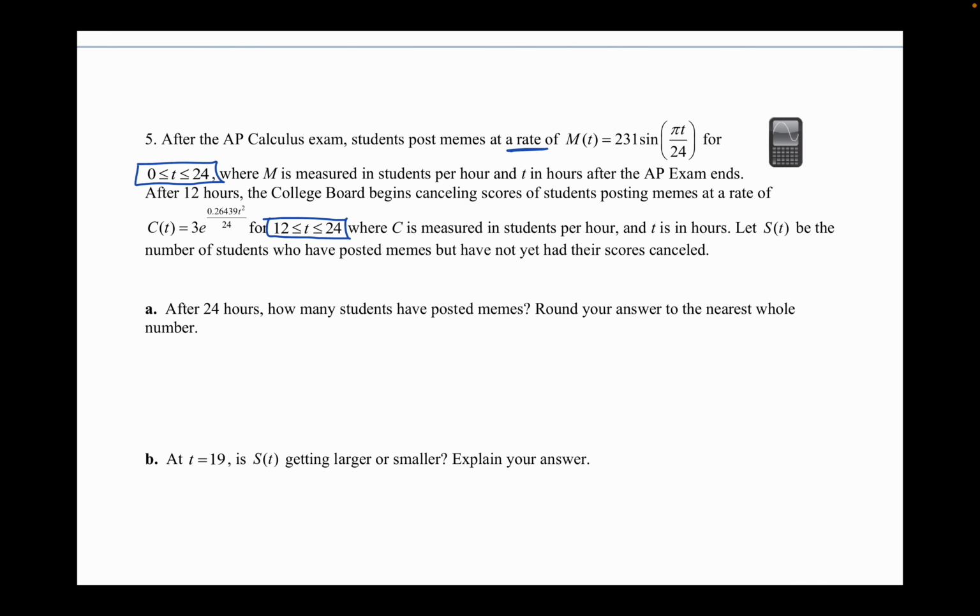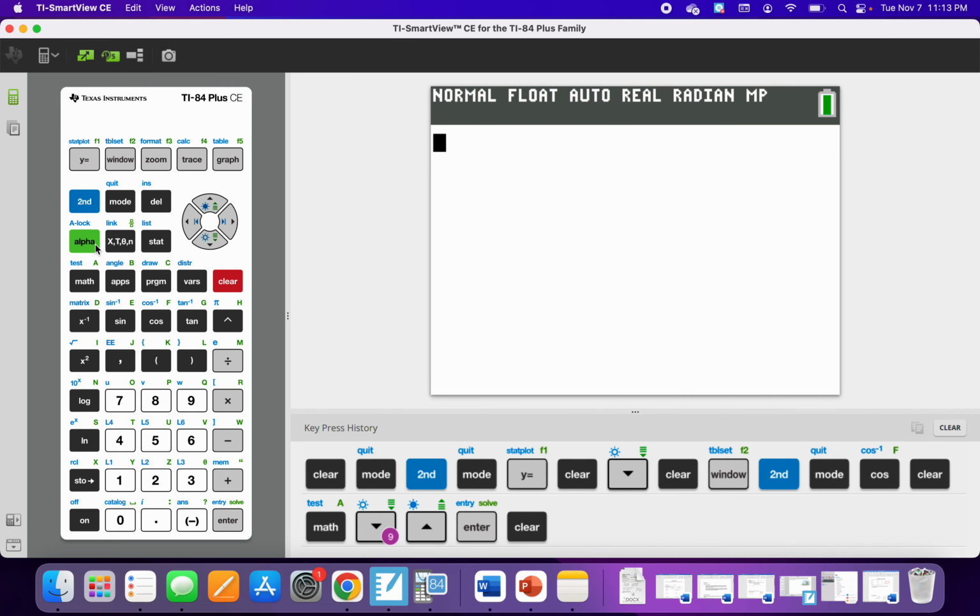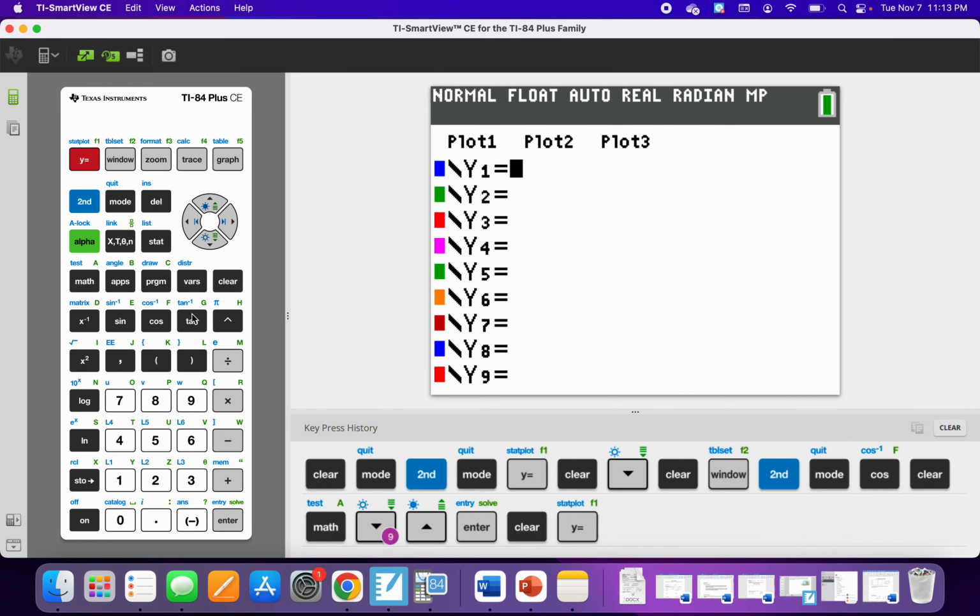Since we're using them for a calculator problem, it is a good idea to go ahead and plug both M of t and C of t into your y1 and y2 functions in your calculator. So I'm going to go ahead and do that. Make sure that your calculator is in radian mode.